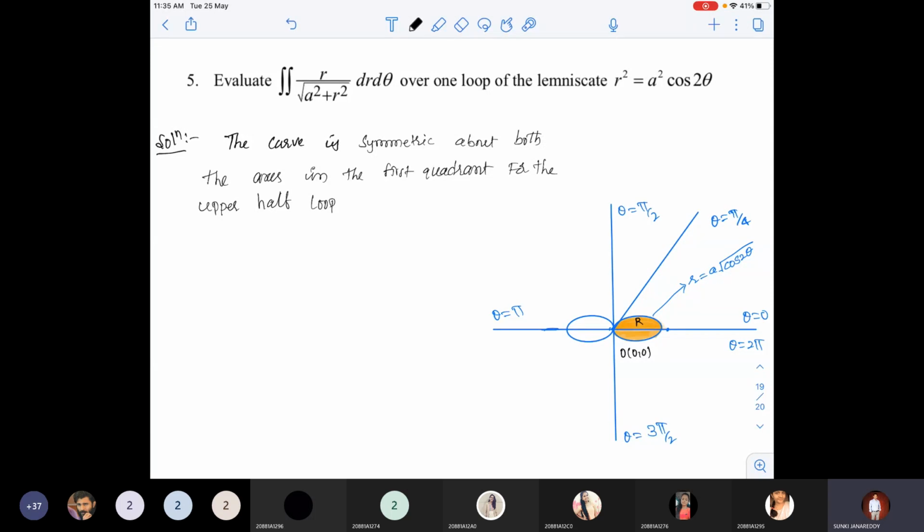Okay, you should observe. Here the curve is symmetric about both the axes. You can observe that one. Here in the first quadrant for the upper half loop.